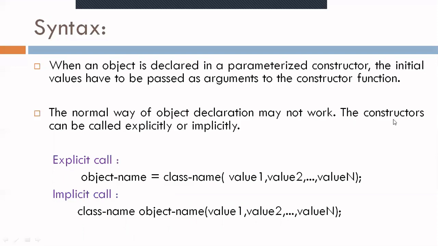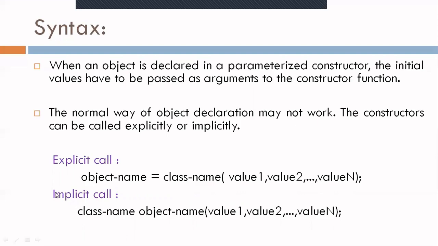So, the constructors can be called explicitly or implicitly. We know that if we want to make an explicit call, then we have to write object name is equal to class name, or we can say constructor name, and in that we have to write the values for passing to its parameters.